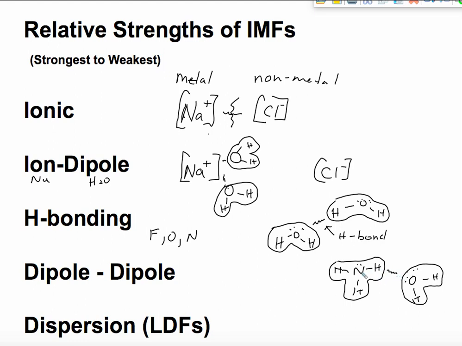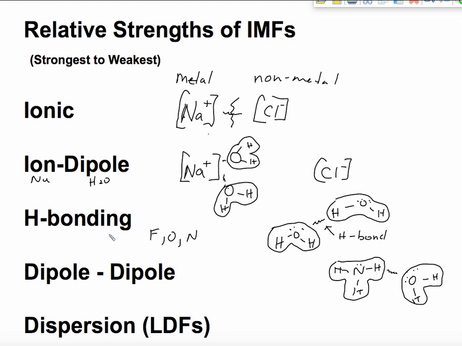Now you can see that this qualifies for a hydrogen bond because the hydrogen has to be sandwiched between any of these three, and it's sandwiched right here between oxygen and nitrogen. So that's a hydrogen bond. Like I said, there's another video that we have about hydrogen bonding that you definitely should watch.